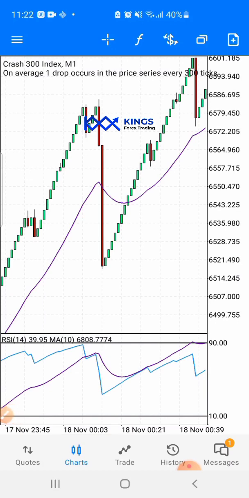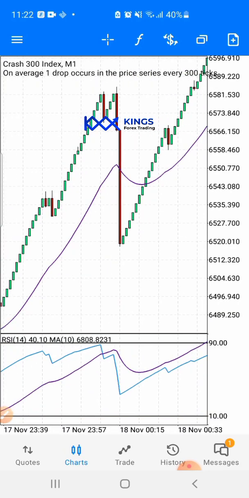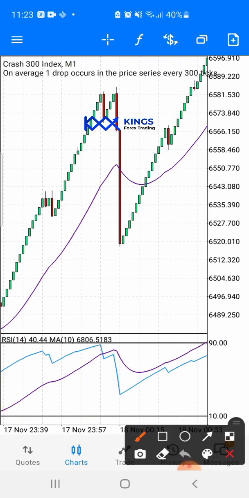But I think what you need to do is, once you catch the first spike, you shift your stop loss to the entry point, guys, to break even. So here is your entry point, and you caught this first spike. By the time you caught the first spike, you have shifted your stop loss from here to this point. So you are not losing anything.